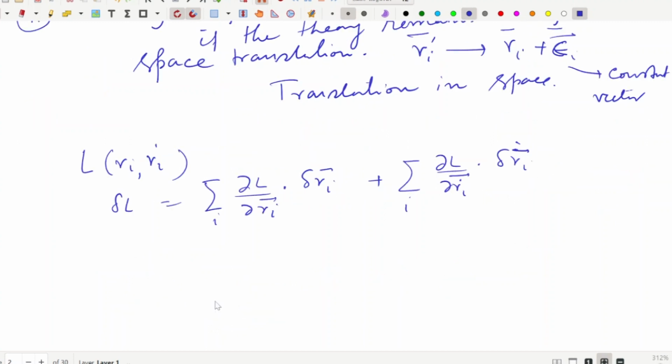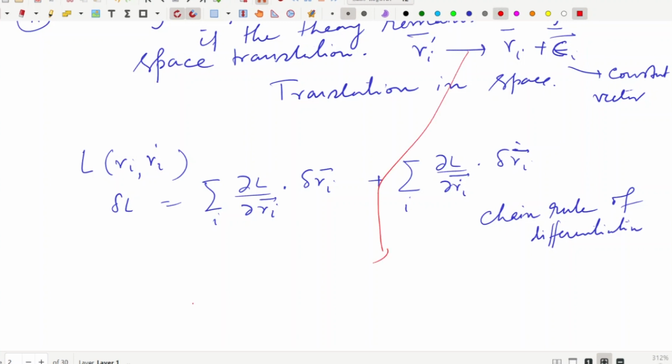Okay. We will have this formula because of the chain rule of differentiation. The Lagrangian is a function of Ri's and Ri dots, so we have the chain rule of differentiation to obtain this formula.